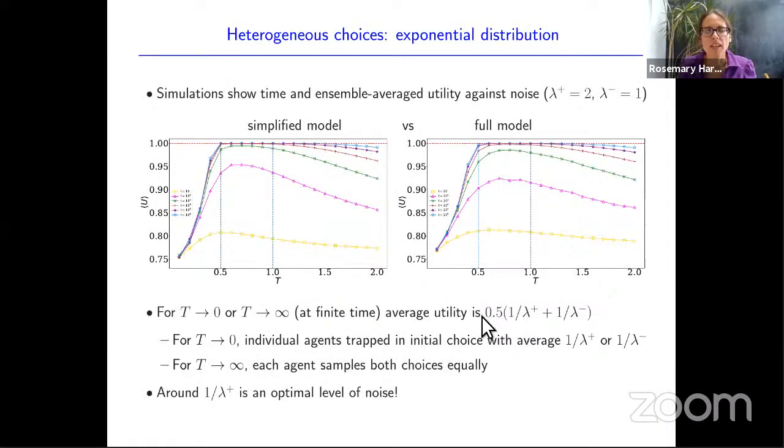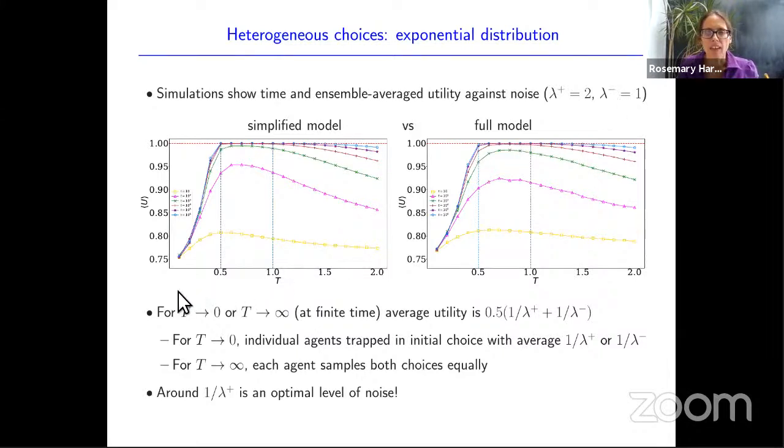So very briefly, let me show you simulations of the time and ensemble average utility for the case where you have an exponential utility for right steps with parameter 2, so mean 1/2, and for left steps with mean 1. So in this case, the left step, the minus choice, is the better one.